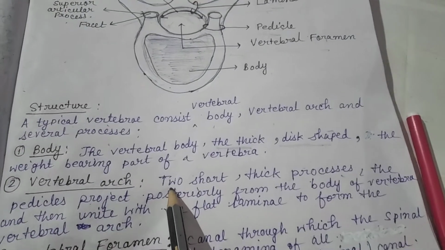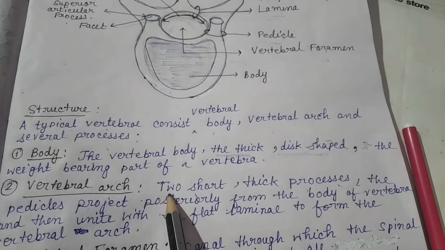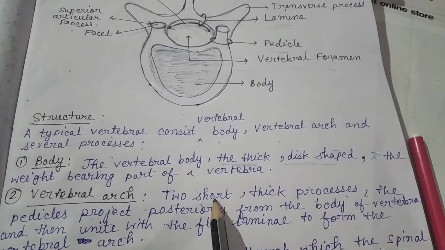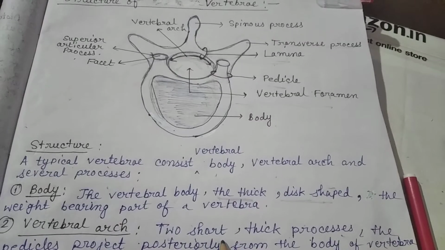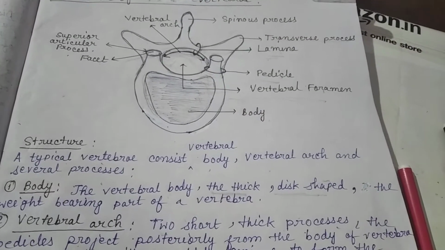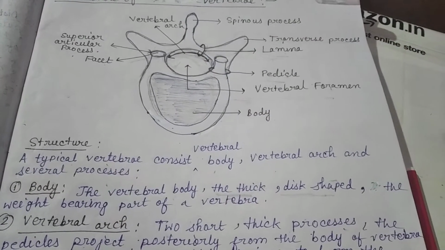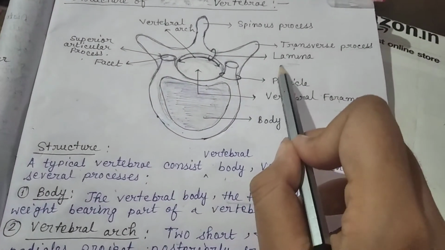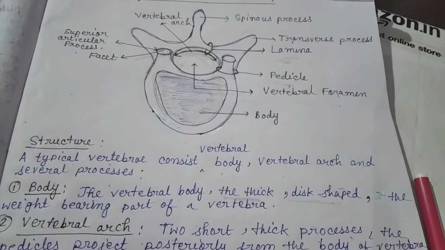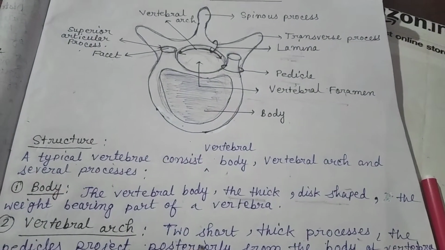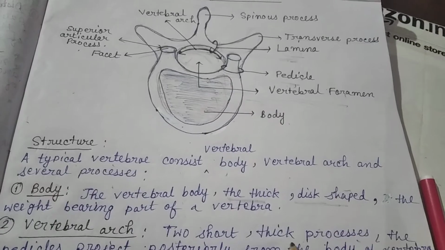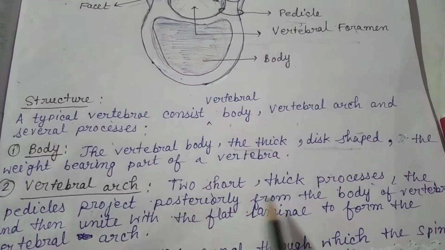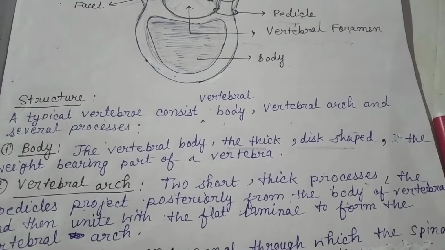In this vertebral arch, two short, thick processes are there. The first process is the pedicle and the second process is the lamina. The pedicles project posteriorly from the body of the vertebra.